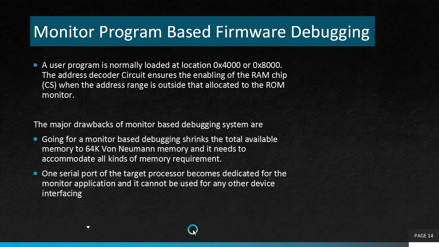For 8051, the original Harvard architecture supports 64K code memory and 64K external data memory. So the total is a 128K memory map. Going for monitor-based debugging shrinks the total available memory to 64K von Neumann memory, and it needs to accommodate all kinds of memory requirement. That is one of the drawbacks, that it shrinks the memory.